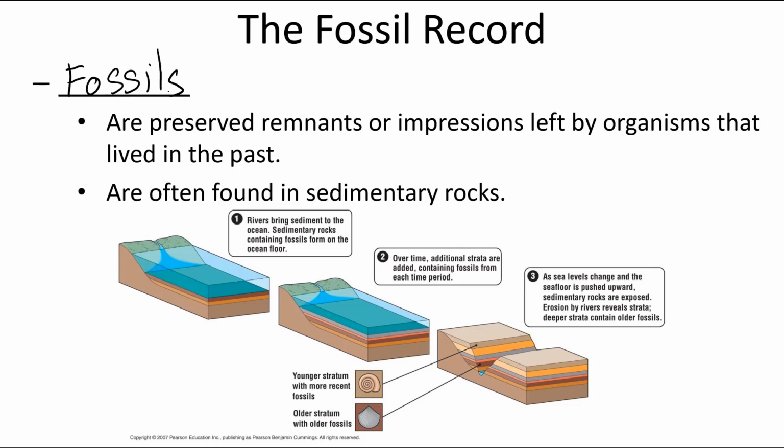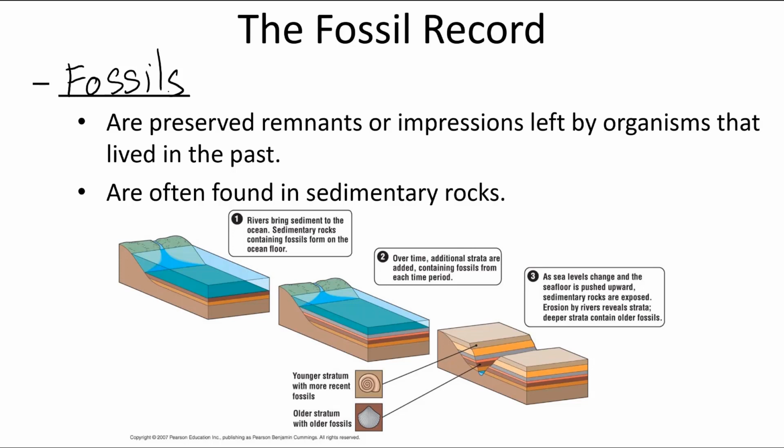Each subsequent layer of sediments ends up making a new layer of rock that can eventually solidify. And these organisms that are buried in these layers of sediments can leave impressions that also will be converted into rock. At a later time, as there is uplift and change in where water is found, we end up finding these sedimentary rocks on land, and erosion by wind and flowing water can end up revealing some of these fossils that are found.